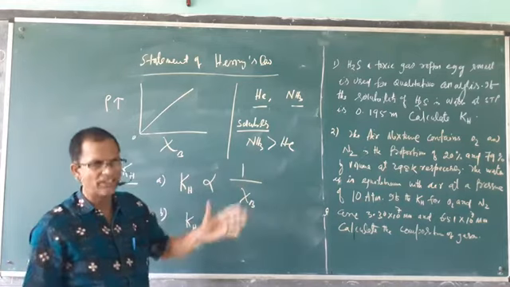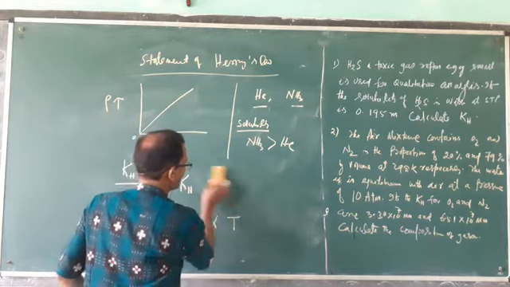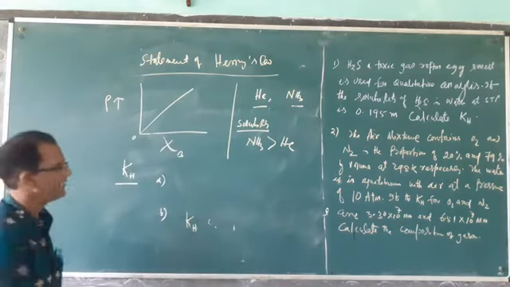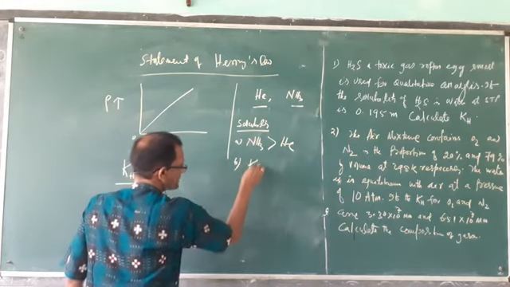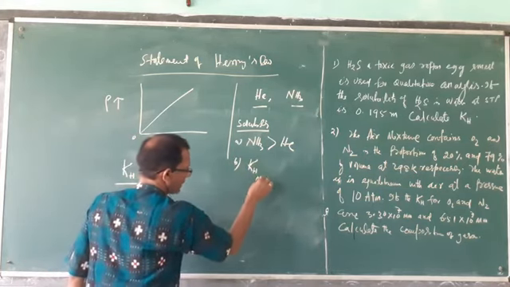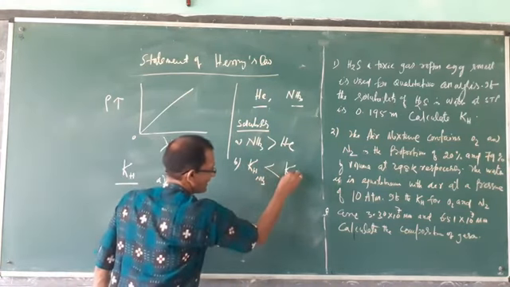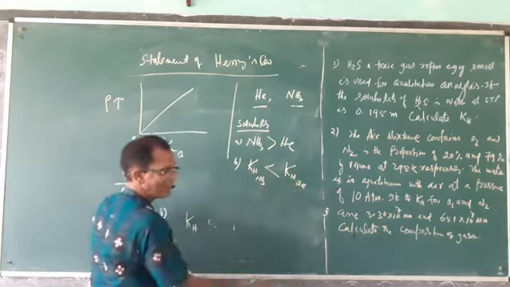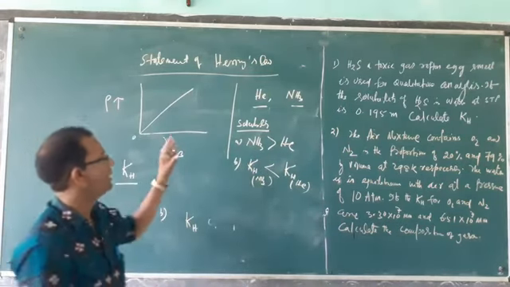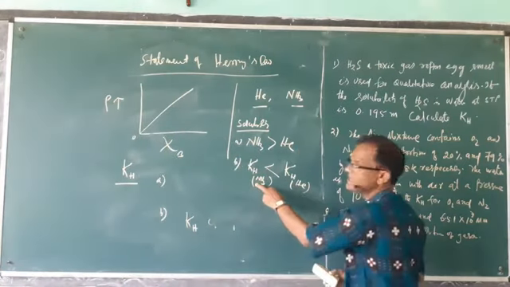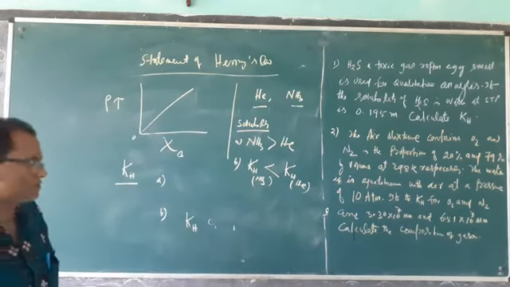That's why the solubility of ammonia in water is more. More solubility means, what is the value of KH? If ammonia is more soluble, KH of ammonia will be less than KH of helium. Clear? This is the comparison. Generally this question is asked in CBSE examinations. If solubility is more, KH is less. This is the comparison of Henry constant.